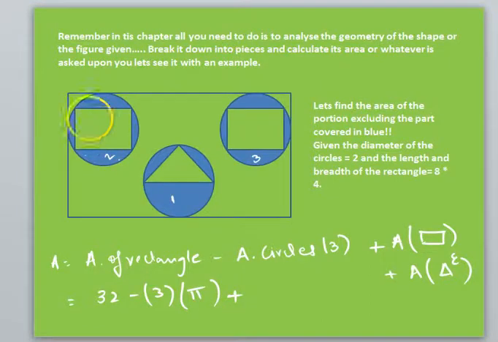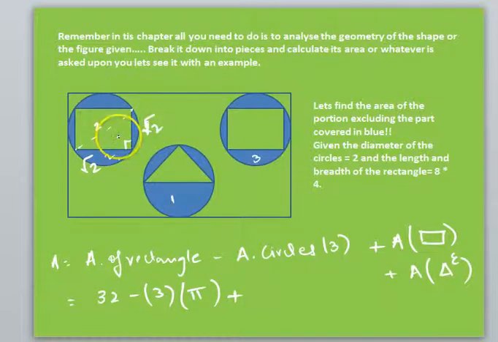How do I find the area of this smaller rectangle? It is simple. The diagonal lies on the diameter line, isn't it? Since my diameter is 2 over here, isn't this a right angle triangle? Applying the Pythagoras theorem, I get root 2 as one side and root 2 as the other side.